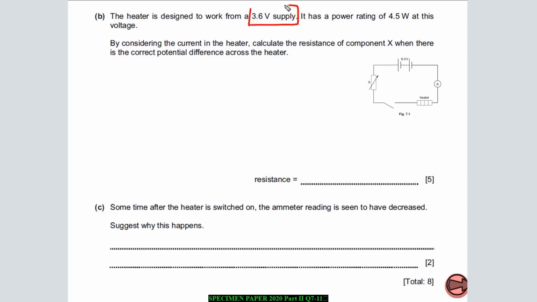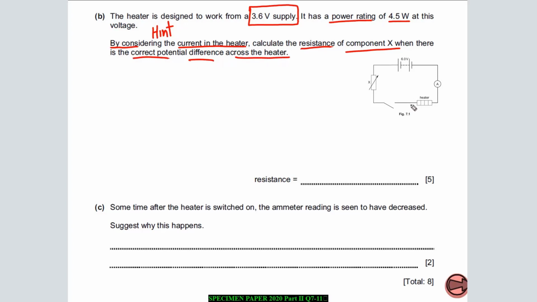This is the voltage needed for the heater, and the power rating of the heater is also given, that is 4.5 watts. Now the question is asking us, by considering the current in the heater, this is a hint for you, very important information, calculate the resistance of component X when there is correct potential difference across the heater.